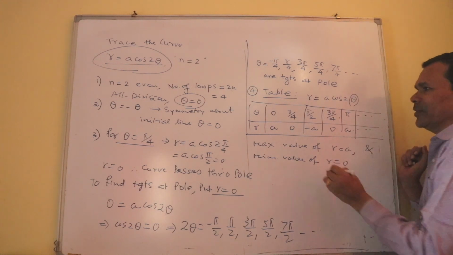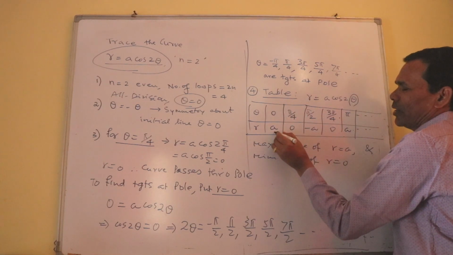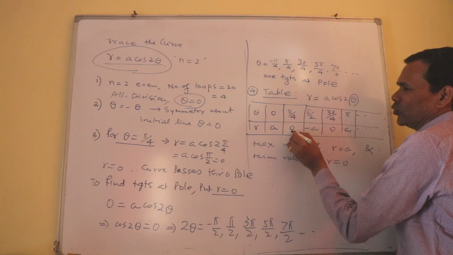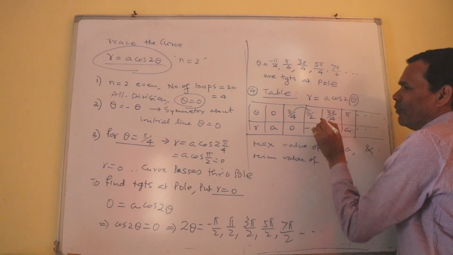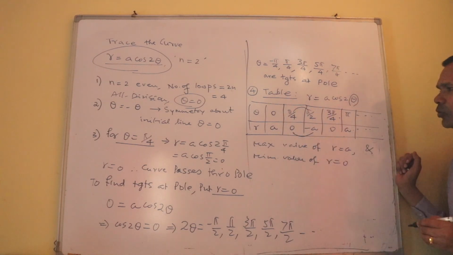Now if you observe, as theta increases from 0 to pi by 4, r decreases from a to 0. As theta increases from pi by 4 to pi by 2, r increases from 0 to a.